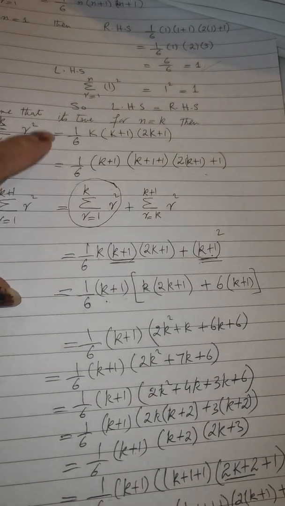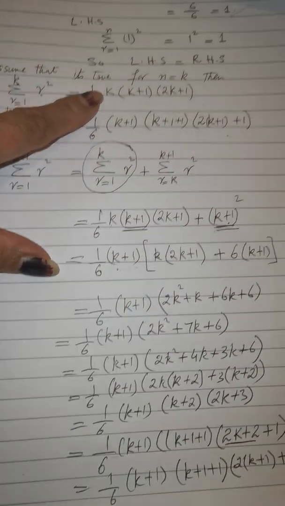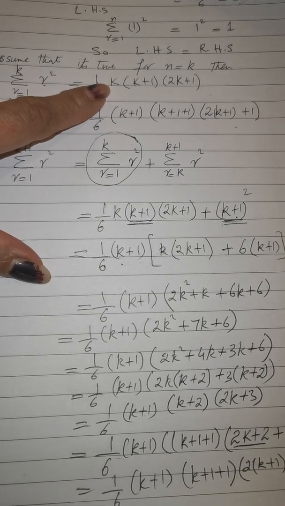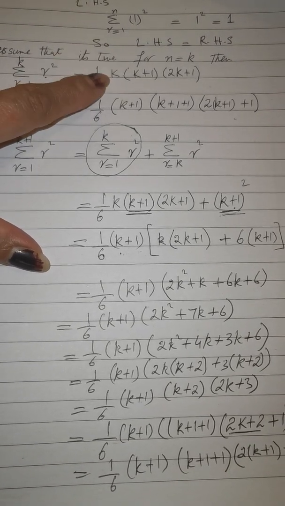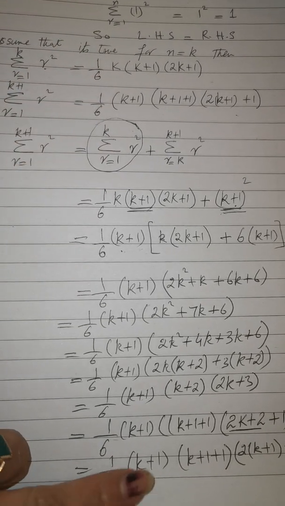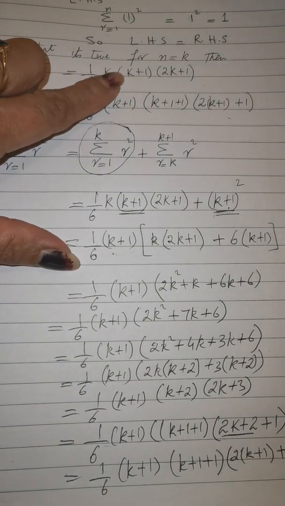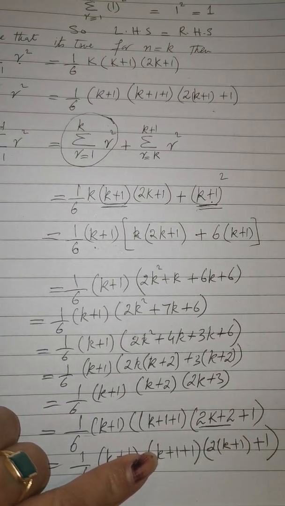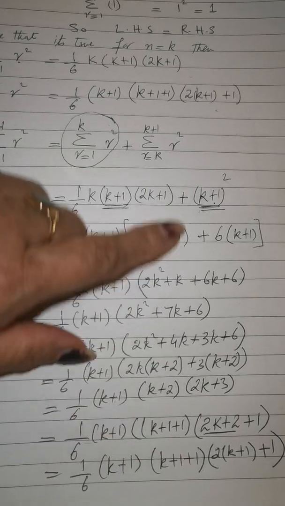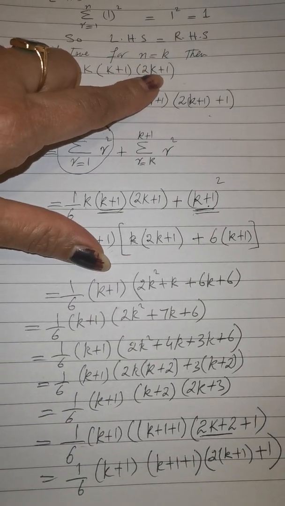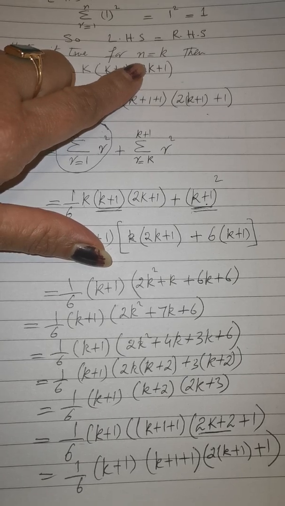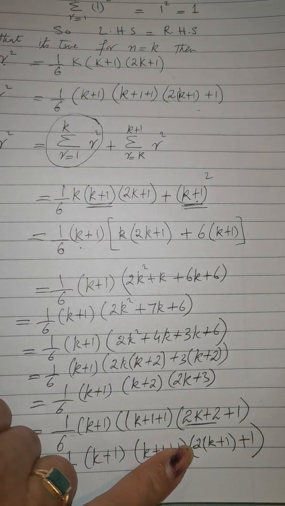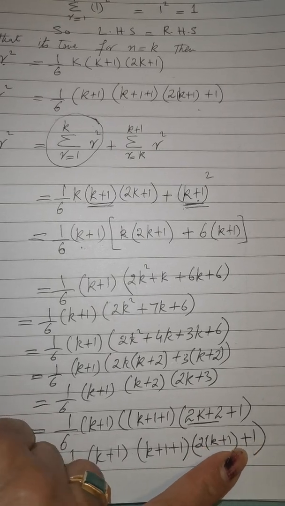If you check this statement, wherever it is k, my answer should be k plus 1. You can see k plus 1, then k plus 1 plus 1. So we have written k plus 1 plus 1, and then next is 2k plus 1. In place of k, we should have k plus 1, so you will check, I have 2k plus 1 plus 1.